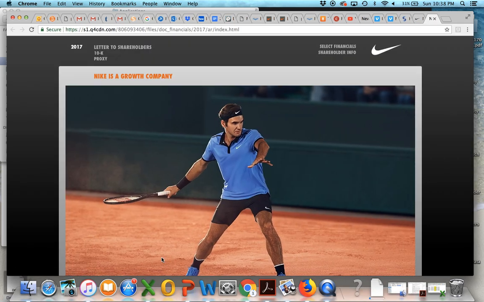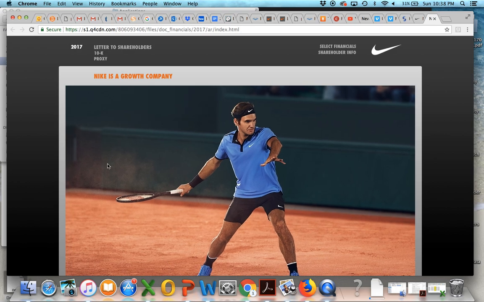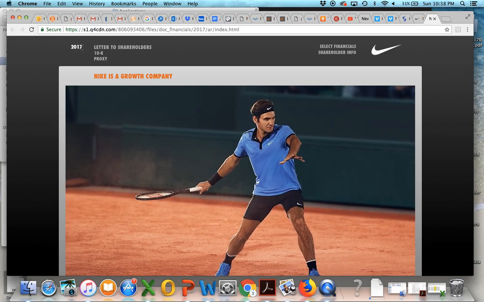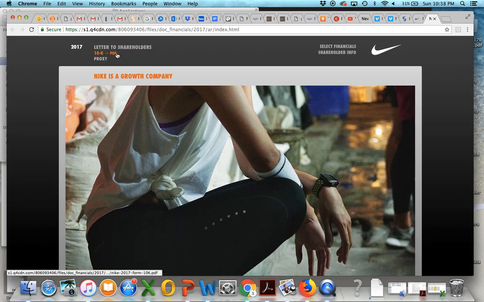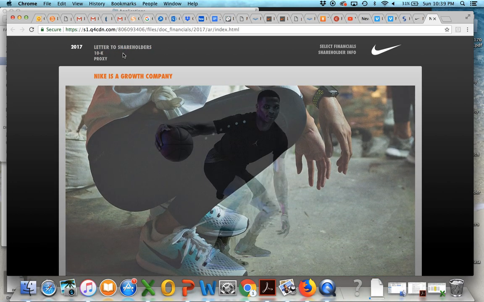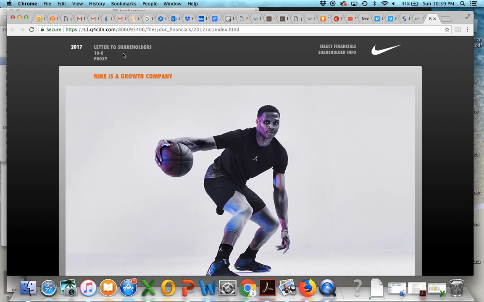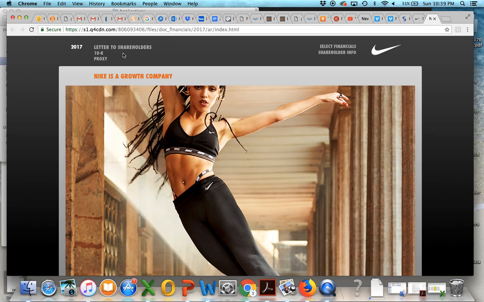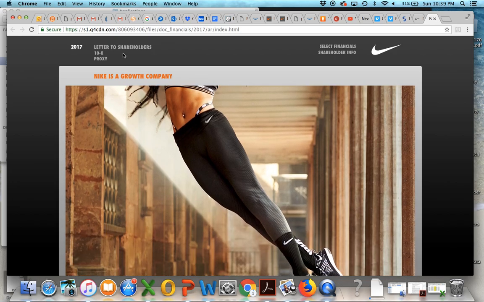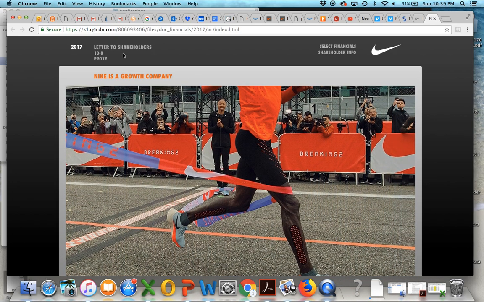And up here you'll see 2017, one, the letter to the shareholders, two, the 10K. The 10K is the form that they file with the SEC, including the entire annual report.